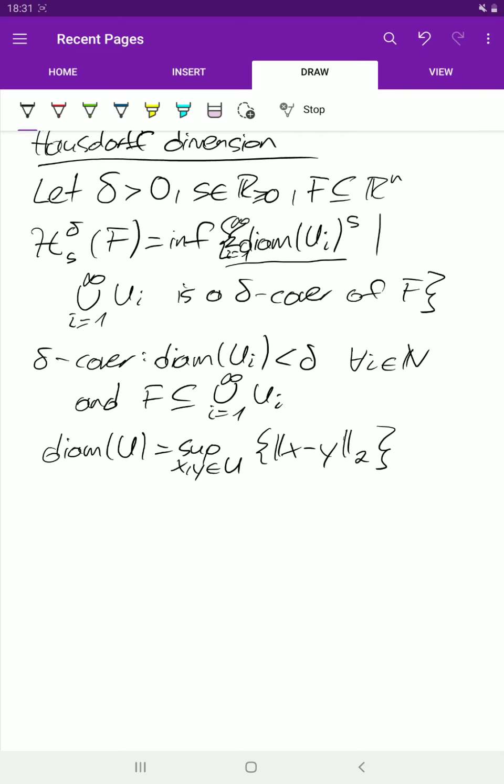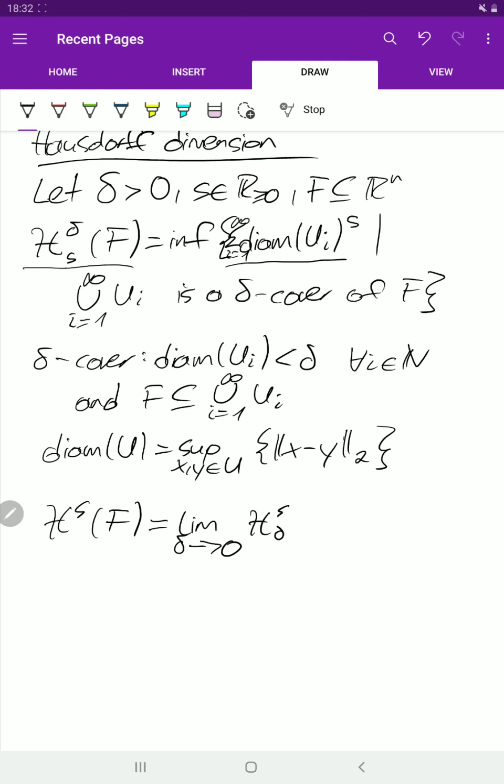Okay, now we want to define the measure. The thing we have to note is that if we let delta go to 0, this thing can just increase, or rather it cannot decrease, because all the covers for smaller delta are also covers for larger delta. So this is non-decreasing, and so we can look at what happens if we go to 0.